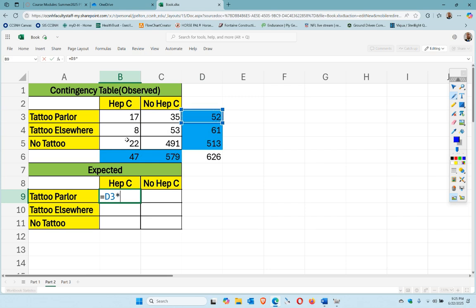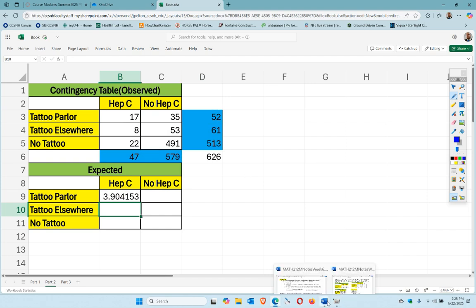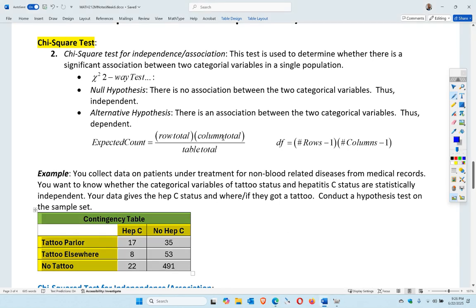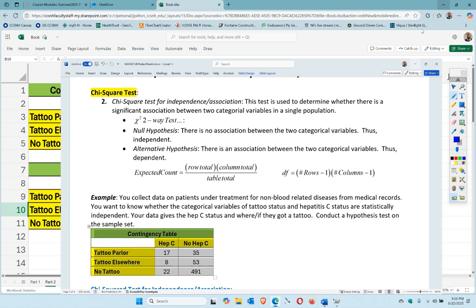Row times column divided by the total, whatever the case may be, right? So you look at that, row times total divided by grand total, or table total.